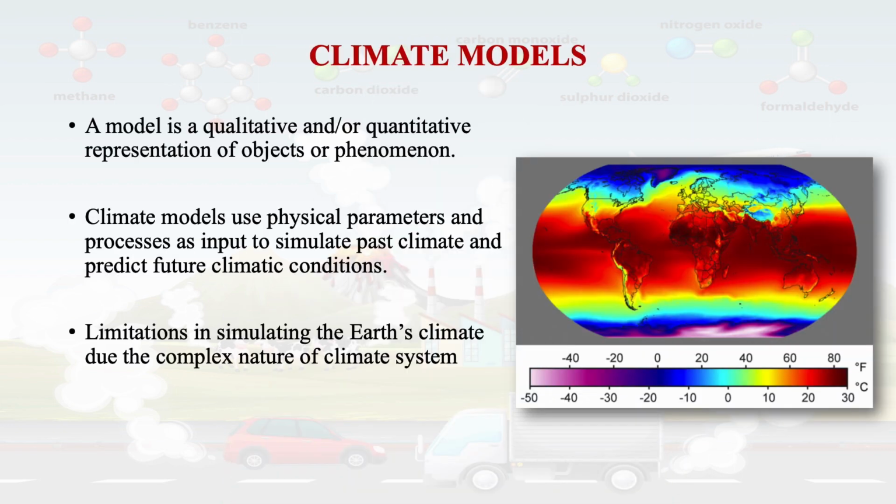However, these climate models, being based on certain assumptions and mathematical algorithms, have certain limitations in simulating the Earth's climate, which is indeed very complex and in a dynamic state of flux. However, these climate models have improved greatly in the last few years to provide better insight into the future climate. The accuracy of these models can be tested by assessing their ability to simulate past and present climates.